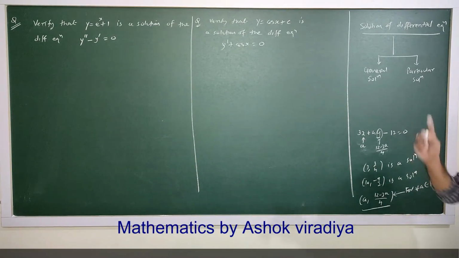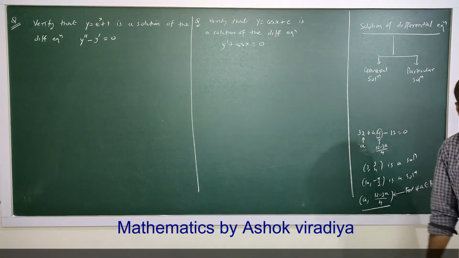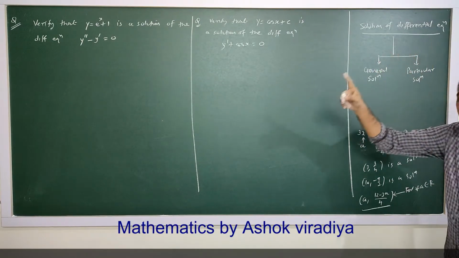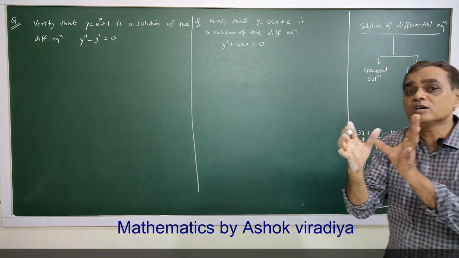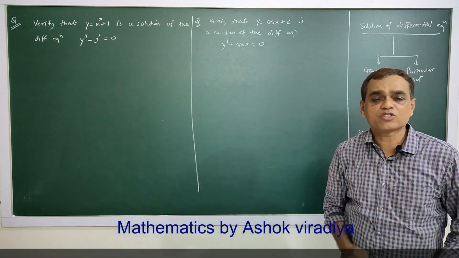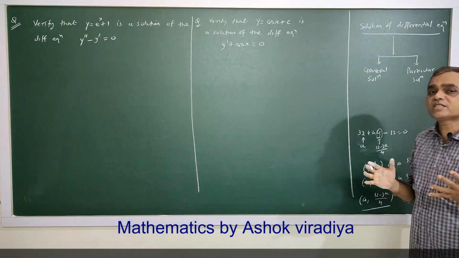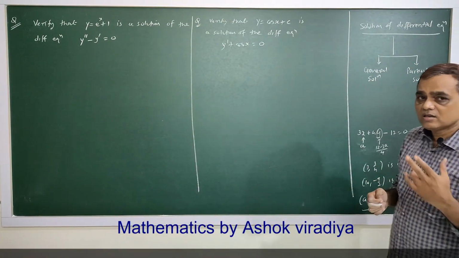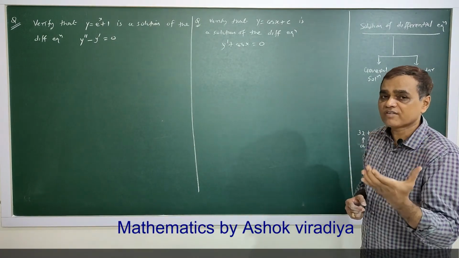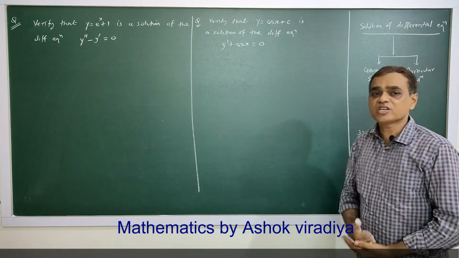Now in case of differential equation, we are going to discuss general solution and particular solution. So a particular solution of a differential equation means a particular curve which satisfies the given differential equation. And a general solution of a differential equation means a curve representing the whole family of curves satisfying the given differential equation.